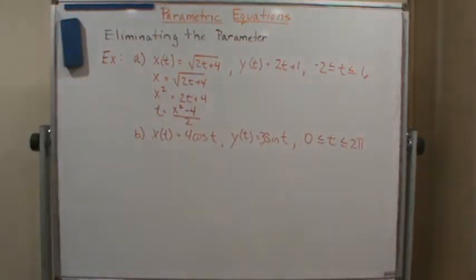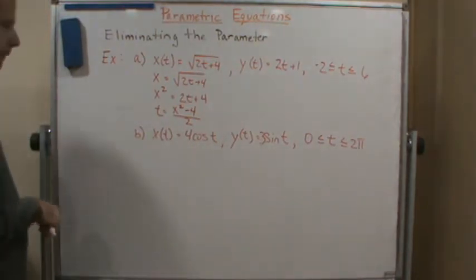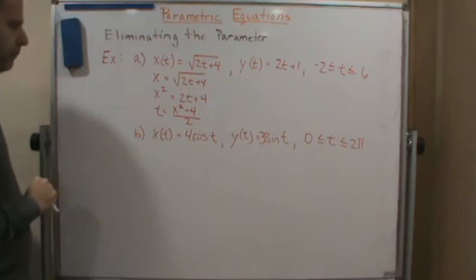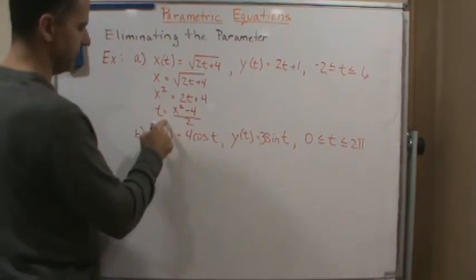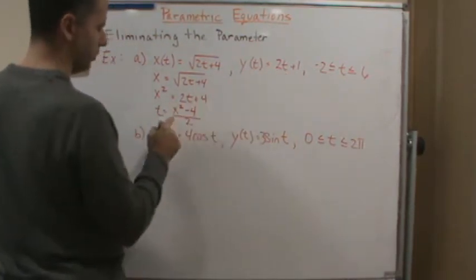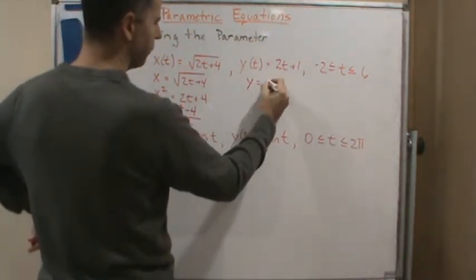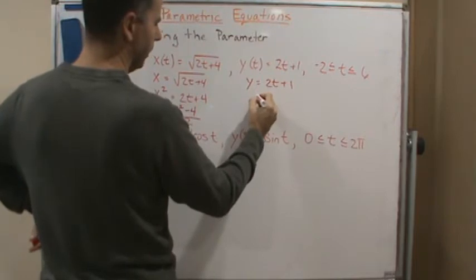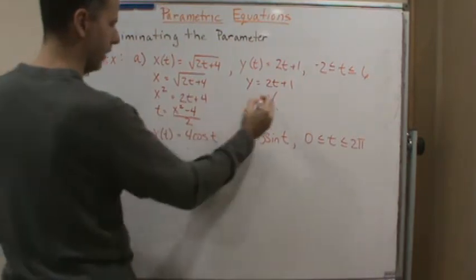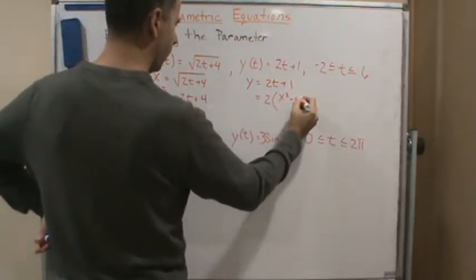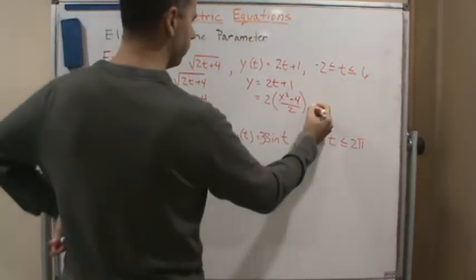Now notice in this case, x is always non-negative, right? Because x is squared. So x is non-negative. So now we're going to plug this value for t into this equation, so we get y equals 2t plus 1, which then equals 2 times x squared minus 4 over 2, plus 1.